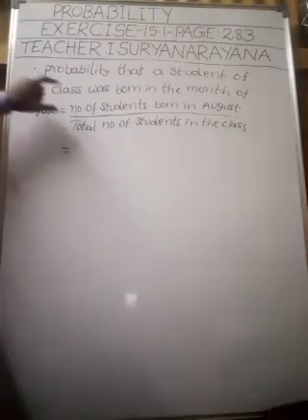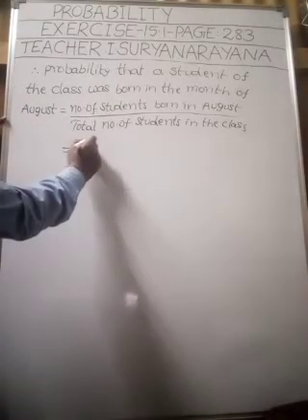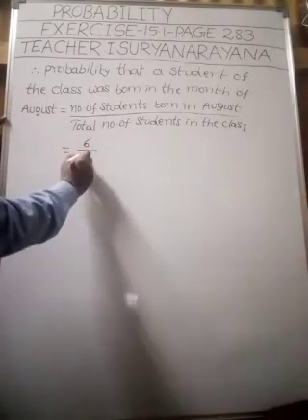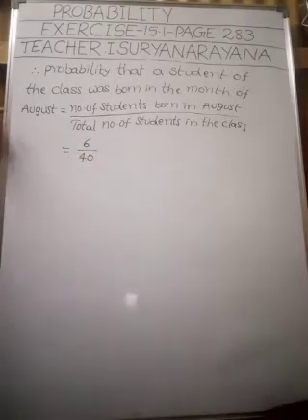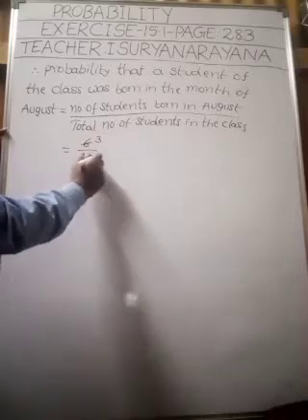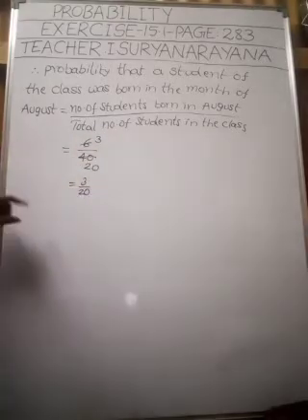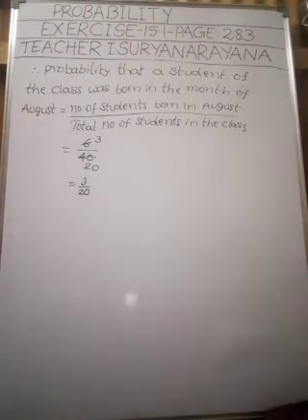Okay, my children, understood this step? So, how many students were born in the month of August? 6 by total number of students in the class 40. Understood this step, my children? Right. 2 3 times, 2 20 times. That is equal to 3 by 20, which is the required probability. Understood, my children? Right.